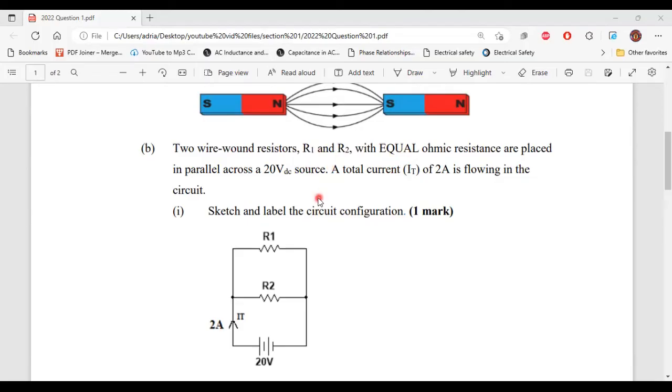Now, as it relates to a parallel circuit, when you have two resistors connected in parallel and they are of the same value, the current is shared between them equally. So it means that in order to calculate the value for R1, we'll have to first calculate the current that is flowing through R1.